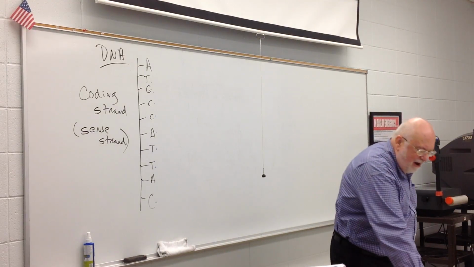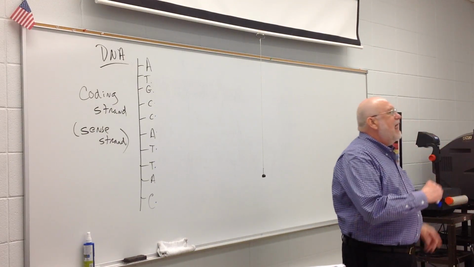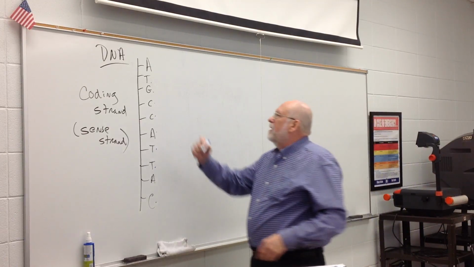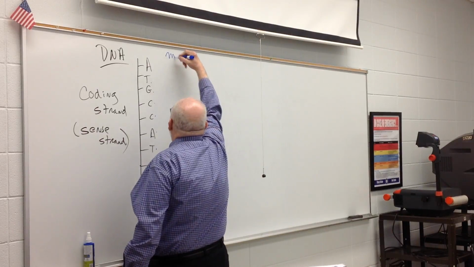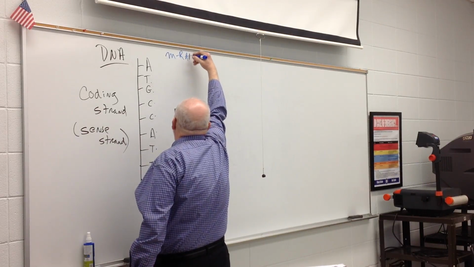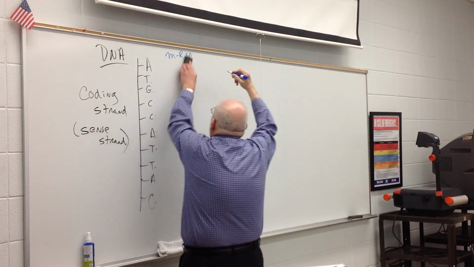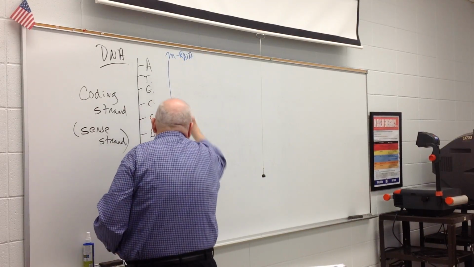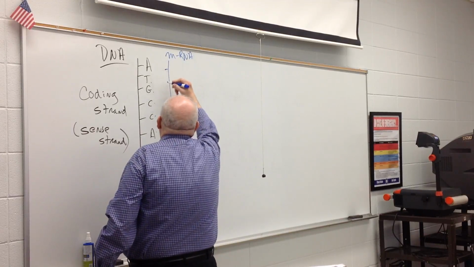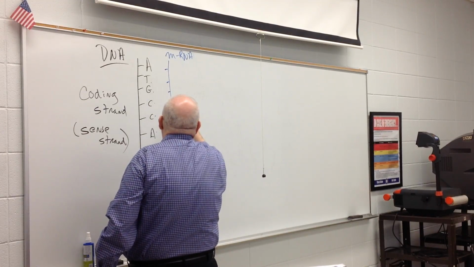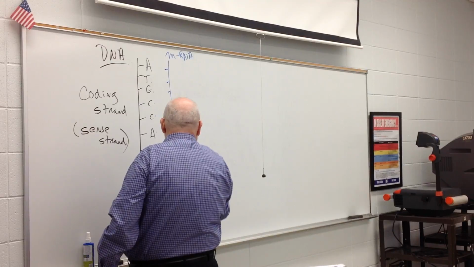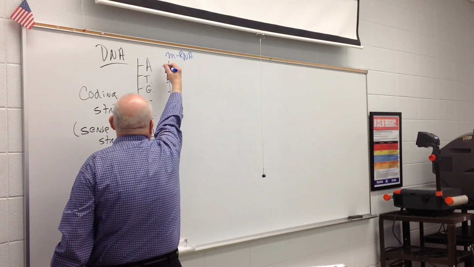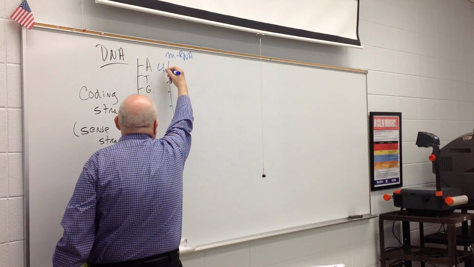All right, now let's make a complementary messenger RNA. Let's put our messenger RNA right over here. Now, what nucleotides are we going to put together this time? Got an adenine there, so what goes over here? A uracil.